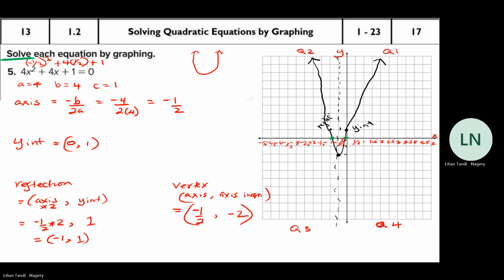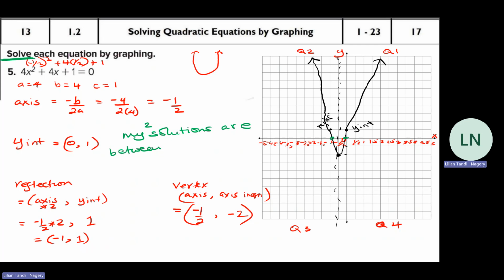So there's no exact number. So you have to say my solutions are between my 2 solutions. So you have 2 solutions here. The first one is between negative 1 and negative half.